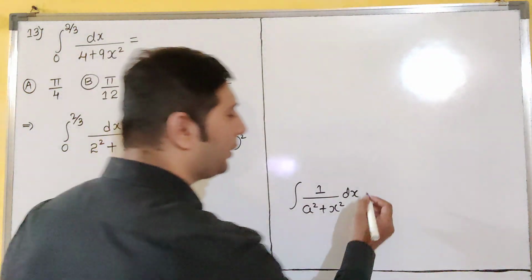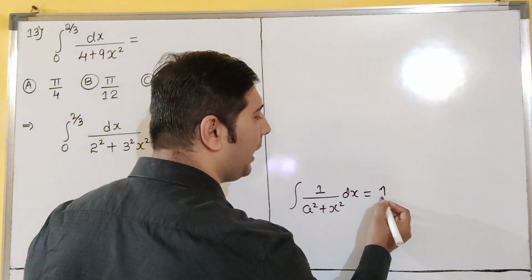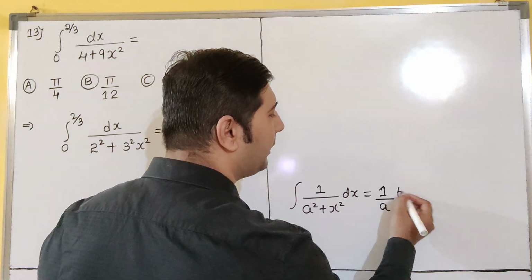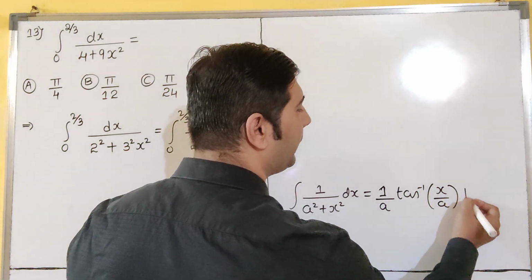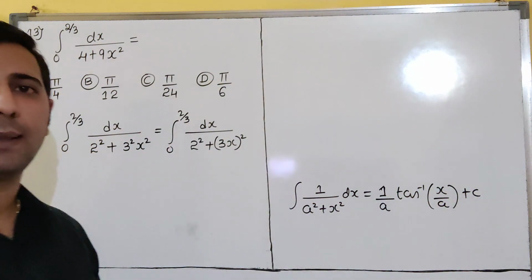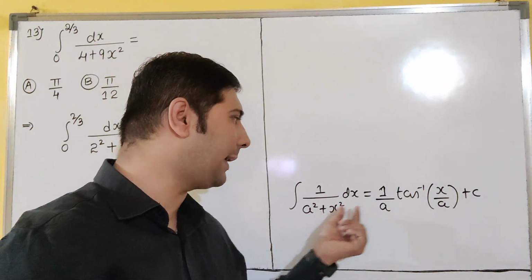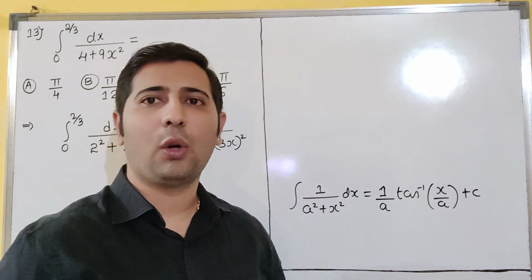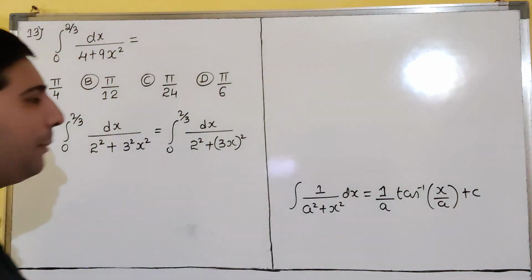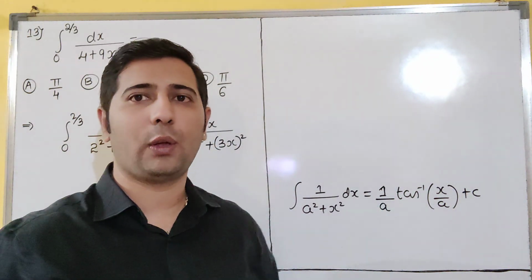I will help you. So now see here, I will write the formula: 1 upon a tan inverse x by a, dear students. This is the formula for that. So 1 upon a square plus x square is what? 1 by a tan inverse x by a plus c. So how to solve this one, you see. Very important: directly we are solving this one.